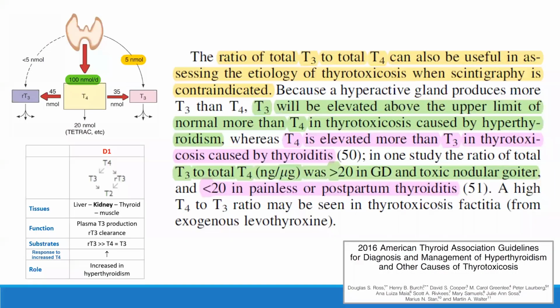But in postpartum thyroiditis and painless thyroiditis, T3 will be less than T4 because the thyroid gland actually secretes more T4 than T3. So in destructive thyroiditis, postpartum or painless thyroiditis, T4 will be more than T3, so the T3 to T4 ratio will be less than 20.